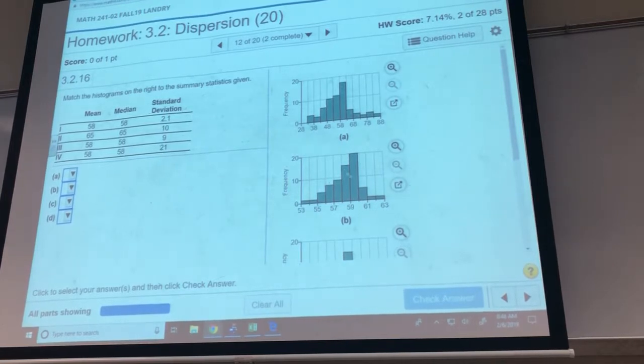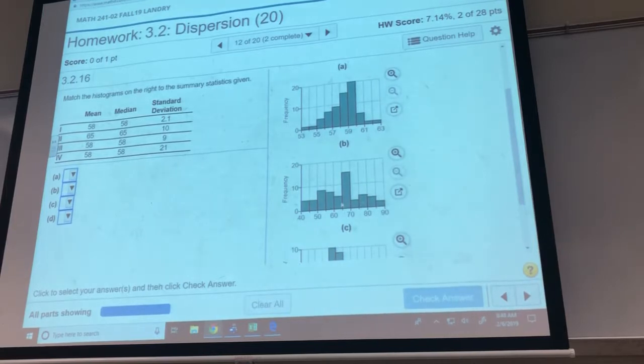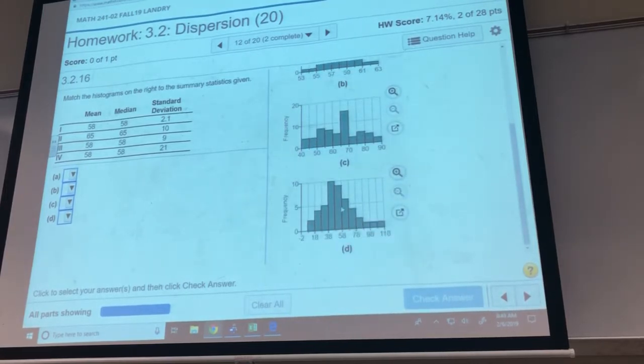This one, 65 isn't even on the graph, so that one wouldn't be it. Here, 65 is right here. That could potentially be it. And here, 65 is over here, so that's not going to be it either. So C is the only one that really would make sense to have an average of 65.